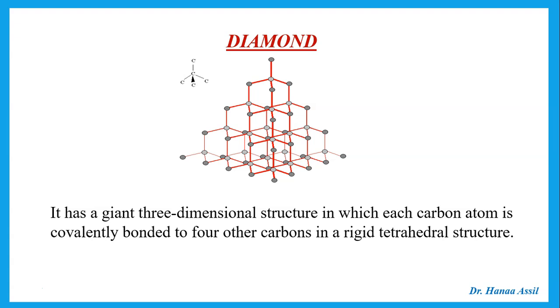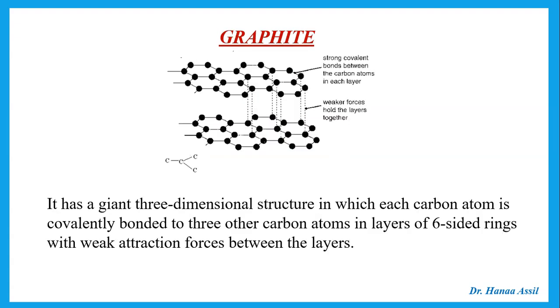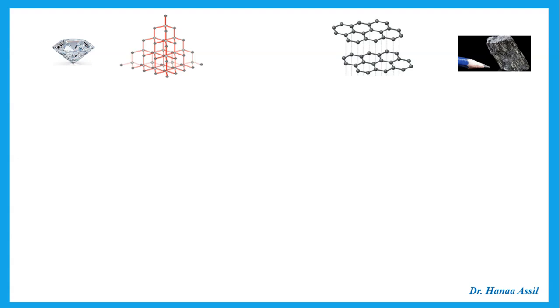That's how you explain the structure of diamond. What about graphite? Graphite is again a giant structure in which each carbon atom is covalently bonded to 3 other carbon atoms in layers of 6-sided rings with weak attraction forces between the layers. This is where you say weak attraction forces between the layers.